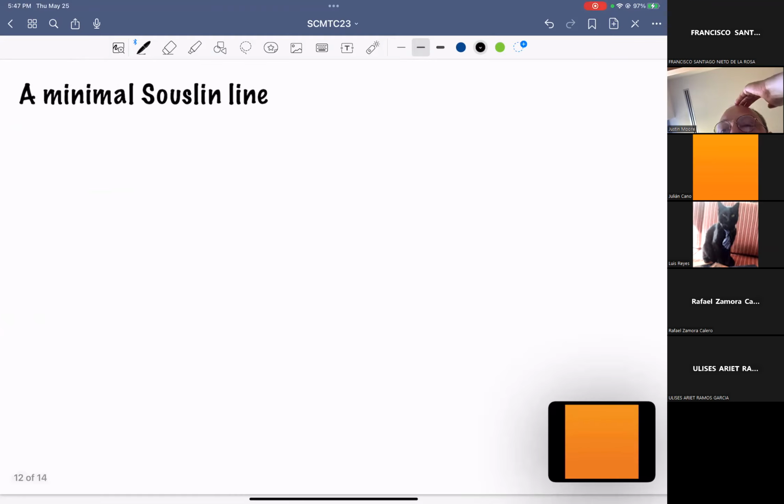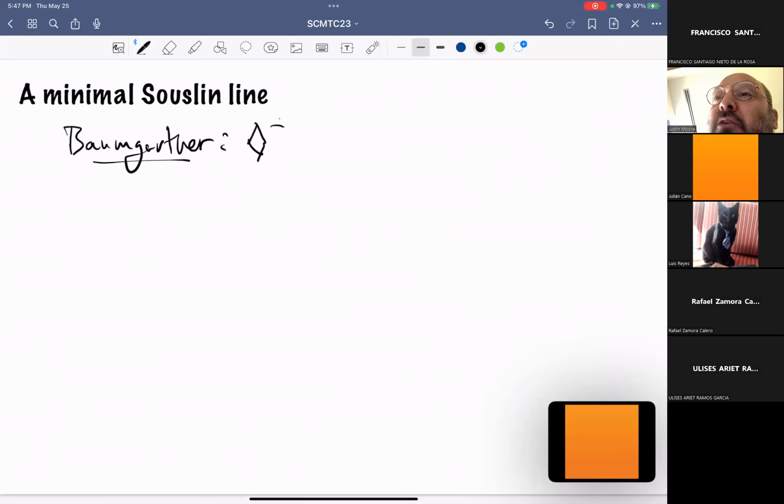Now, there's a separate result that I mentioned on the first slide about Countryman lines and diamond. And this a priori doesn't seem to have anything to do with this present problem. But the proof is actually quite similar, and it also is related to another question that was asked. So Baumgartner had a proof which said that this strengthening of diamond called diamond plus implies there is a minimal Suslin line.